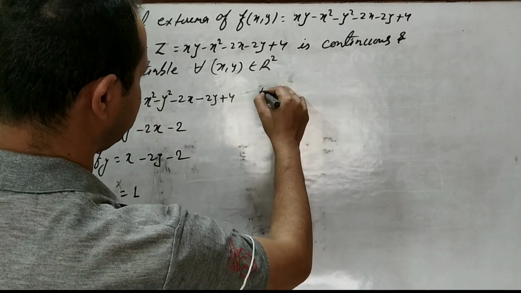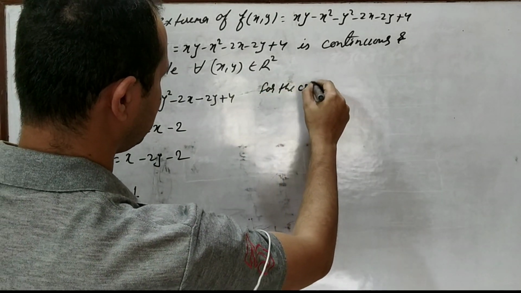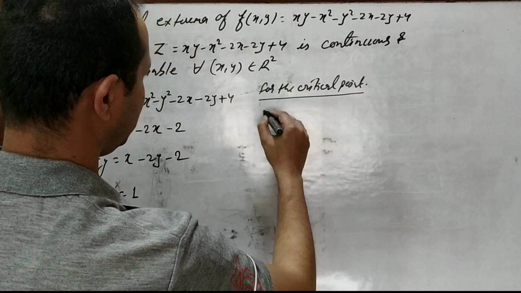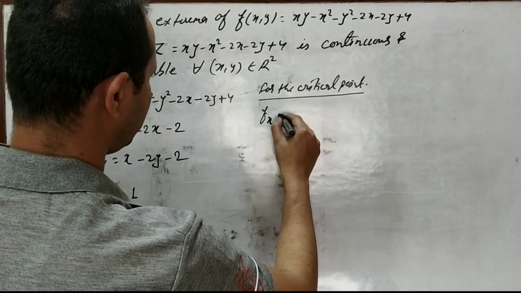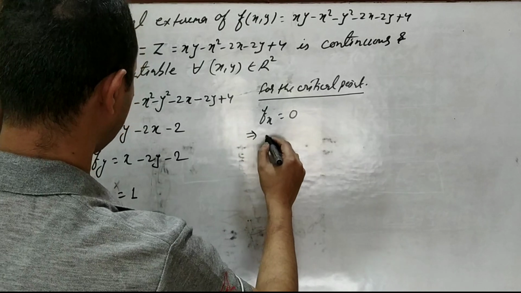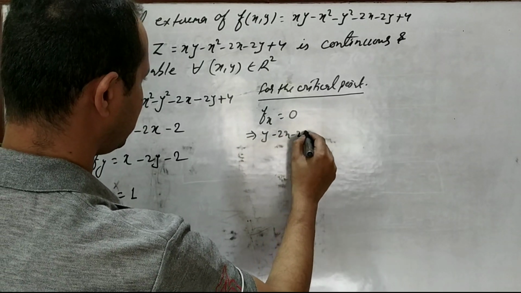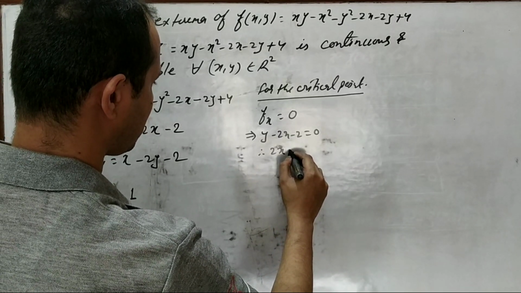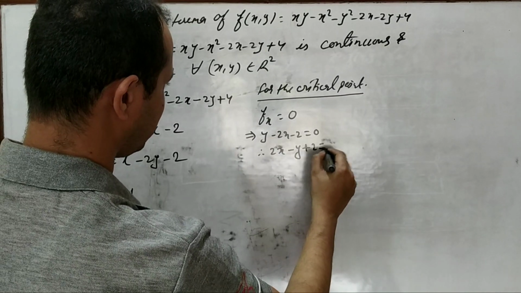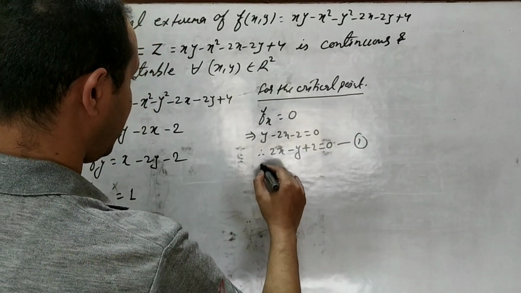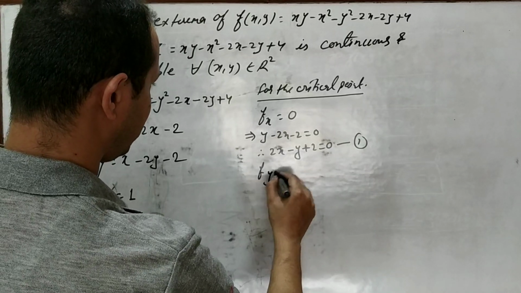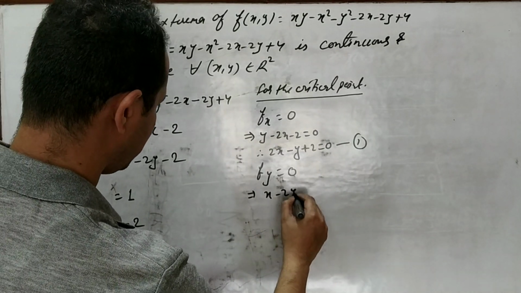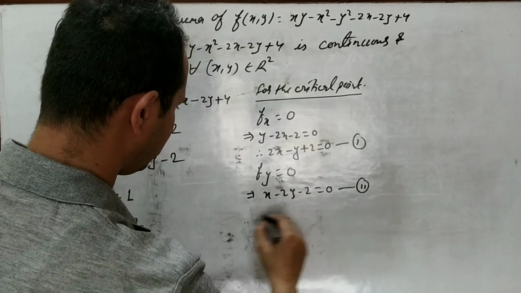For the critical point, we need fx equal to 0, which gives us y minus 2x minus 2 equal to 0, that is 2x minus y plus 2 equal to 0, equation 1. Again fy equal to 0, which gives us x minus 2y minus 2 equal to 0, equation 2.